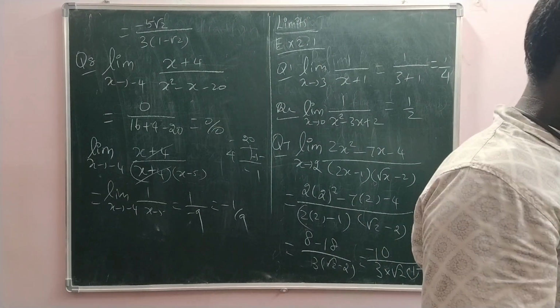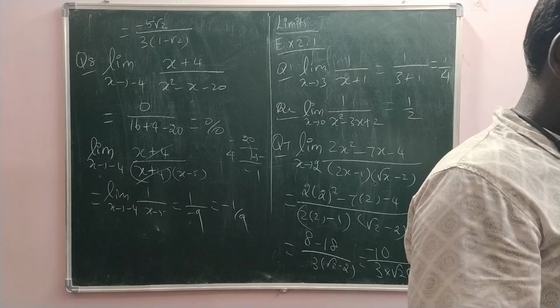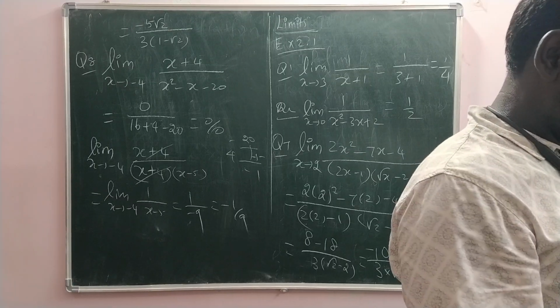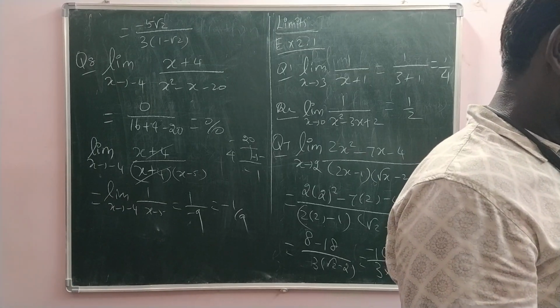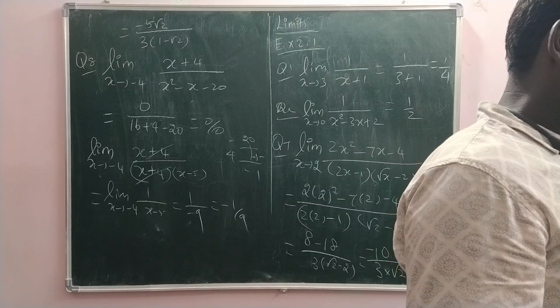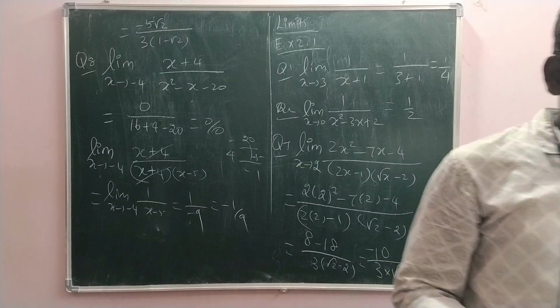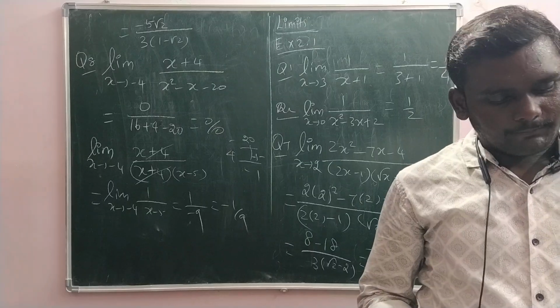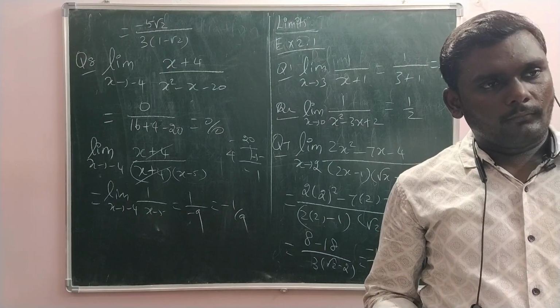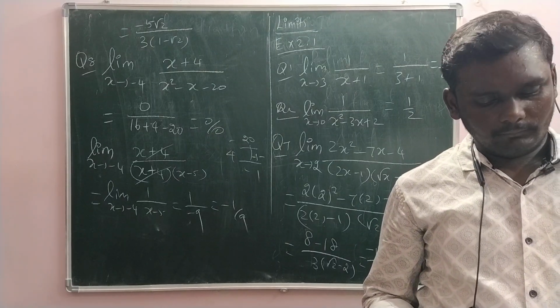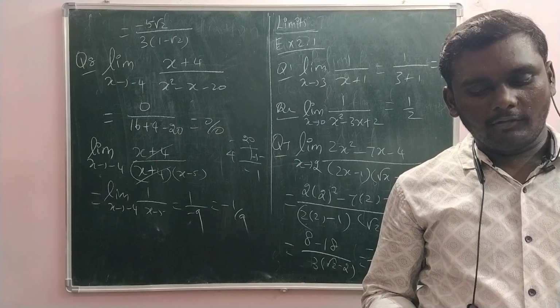Now shall we see that algebra of limits? Okay, so far what have you understood? When we substitute the limit, if it is not coming, we should be factorizing.